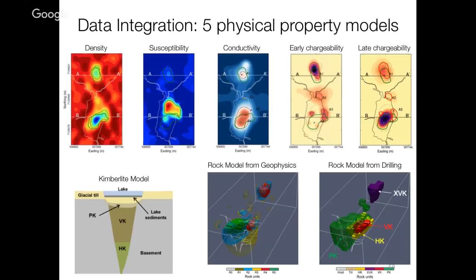This area has been thoroughly drilled. None of that information was used in this. But subsequently, we compared the geologic rock model that was generated with all those drill holes to the geophysical rock model. And there's actually a really nice correspondence between these two. So that's really pretty exciting.